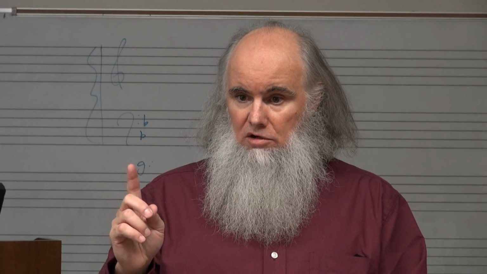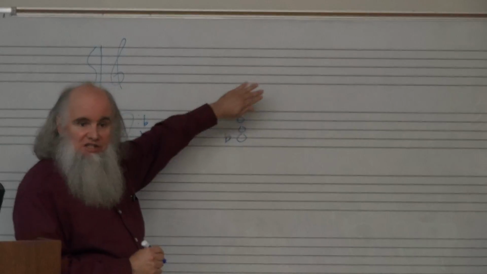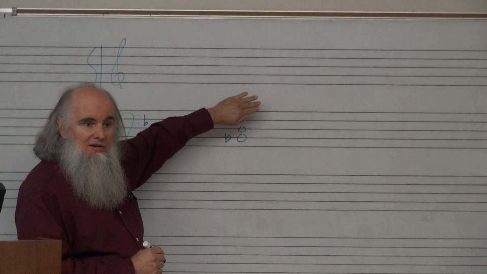If nothing's present in the symbol, what does that refer to? If there are no numbers underneath the note, what is it? It's a root position, and the root is in the bass. It's a triad. If nothing is present, it's just a triad. In other words, we have to show there's a 7th present, right?